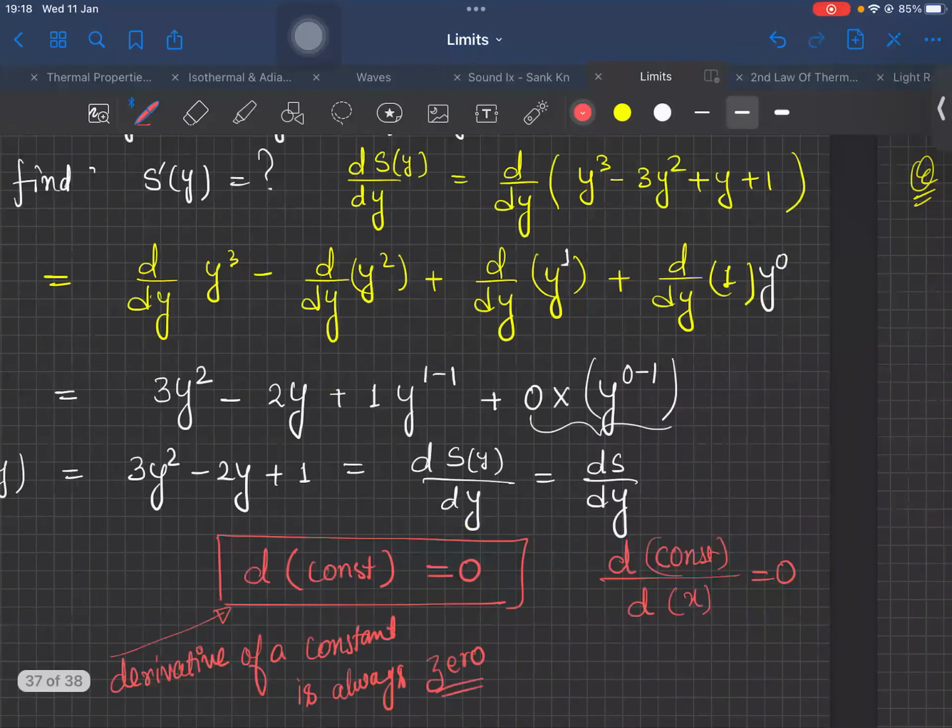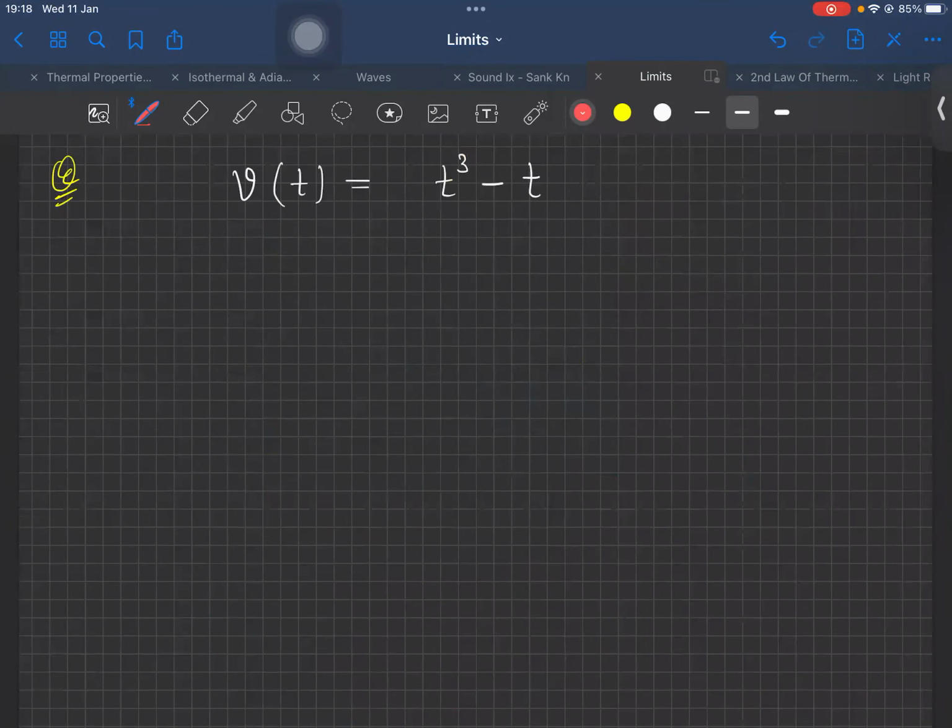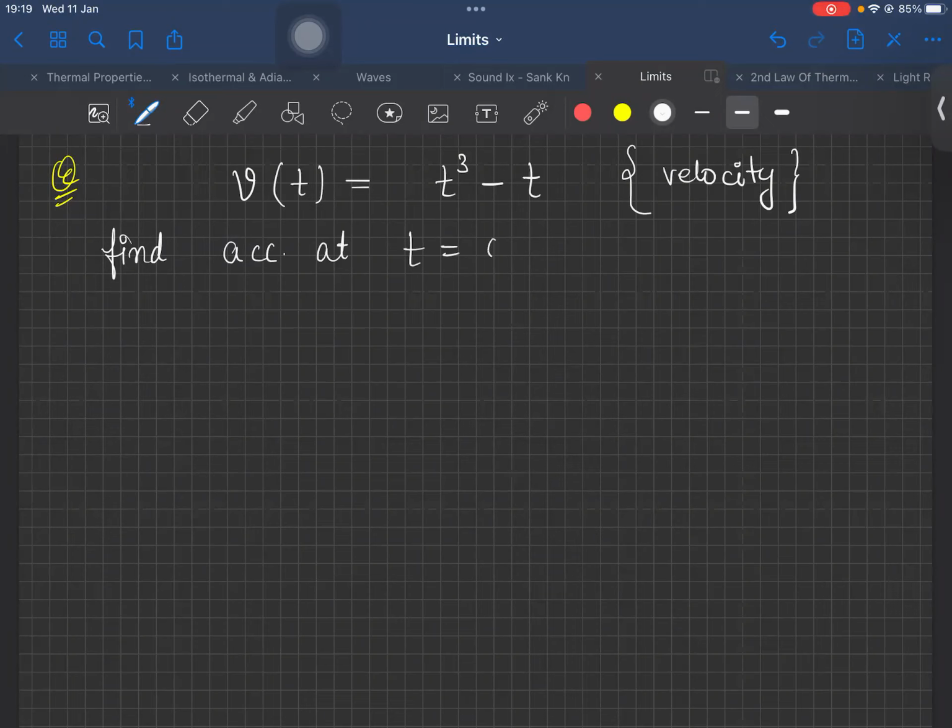Now find the acceleration. This is velocity, given as a function of time. Find acceleration at t is equal to 0 seconds. How will you find it? See, acceleration is the change of velocity, that means dv upon dt.